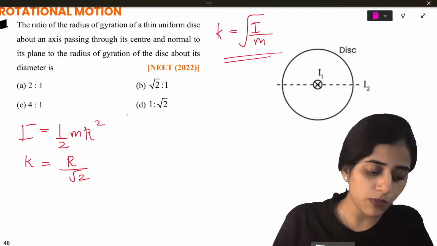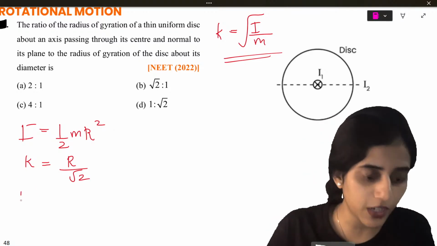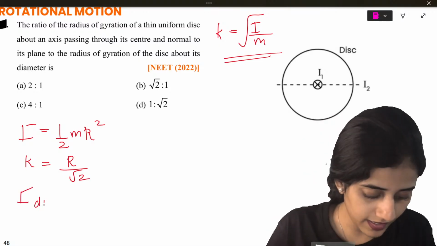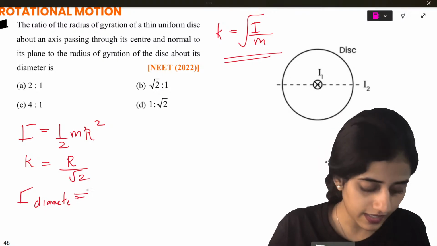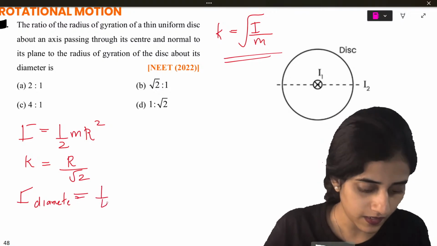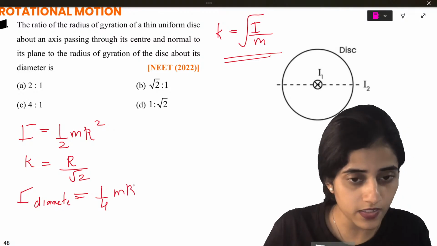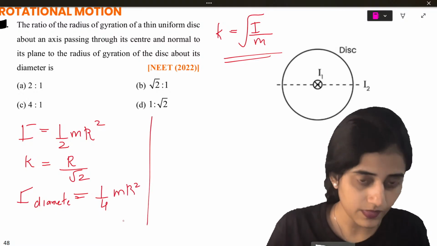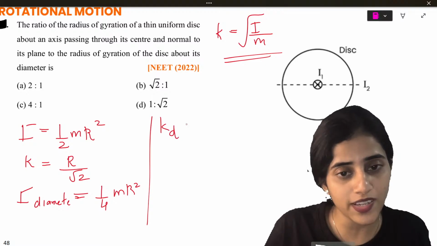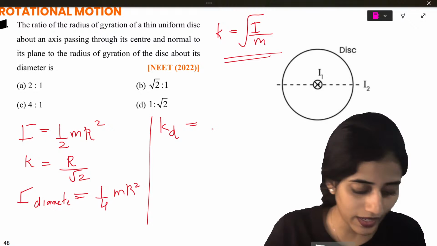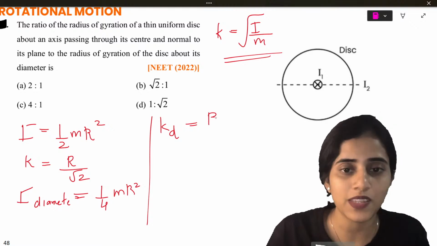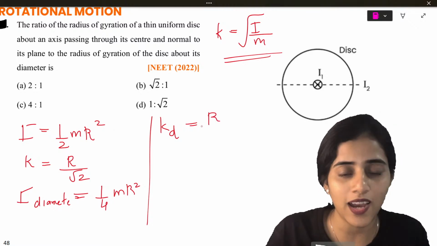Now the moment of inertia about the diameter is how much? I along the diameter will be 1 by 4 m r square. So what will the k along the diameter be? Again you divide by m and take the square root, so it would be r divided by 2.